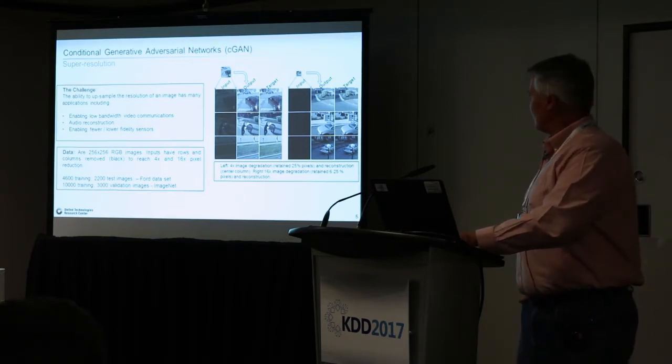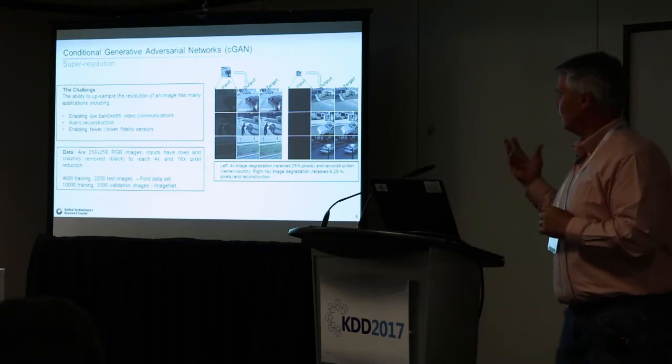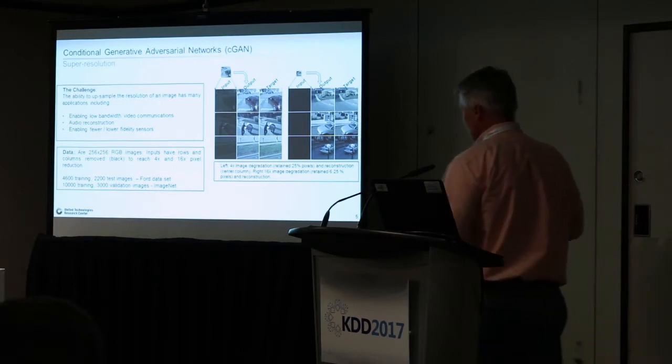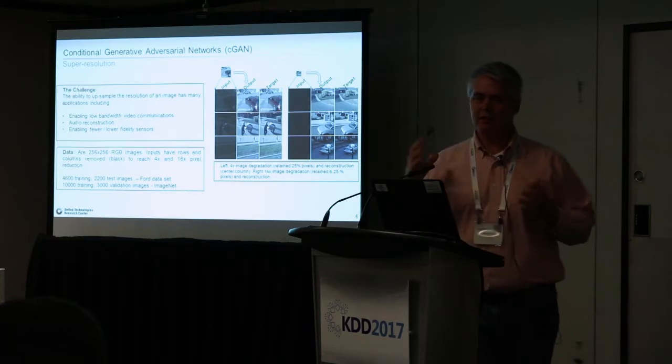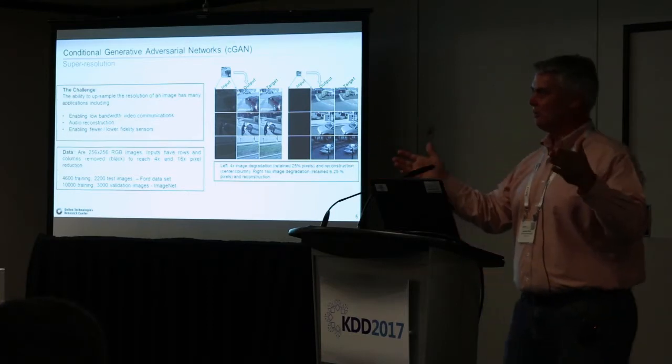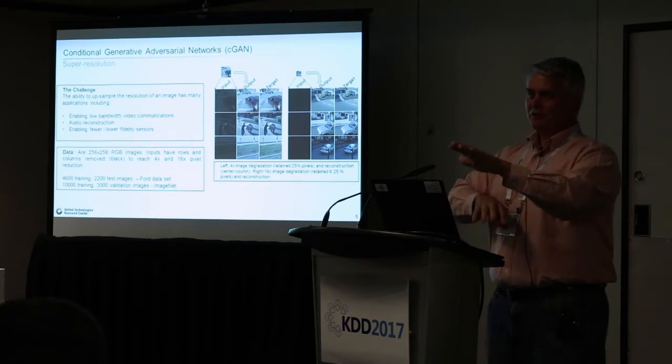So, as I mentioned, the one thing with the Ford data set that we learned kind of in reverse was that because of the consistency and the subject matter that it was seeing, right? So we've got cars and buildings on the side, cars in front, streets below you.